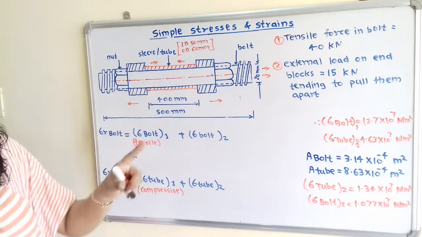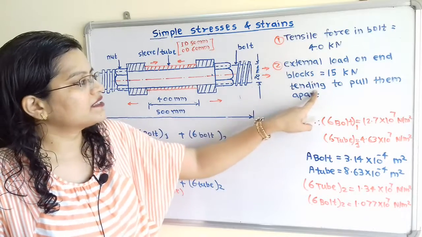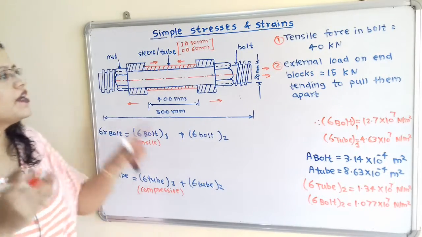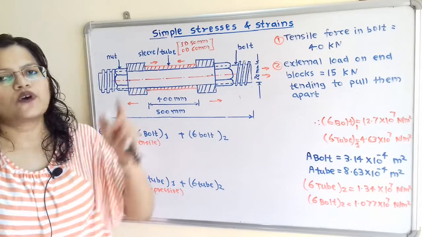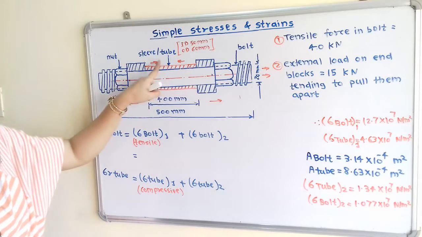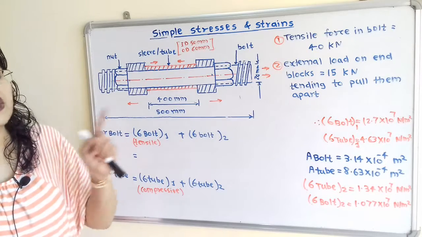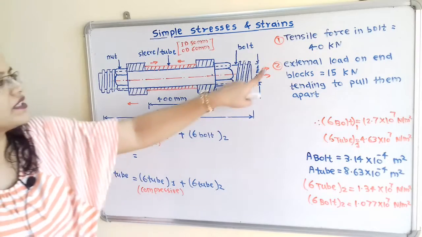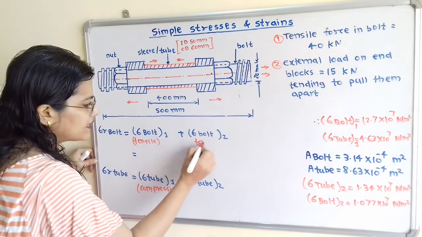So we will move to the second type. So second type is the tensile force equal to 15 kilonewton, and it is applied because bolt and tube are fastened together. So when they are fastened together, then on the bolt as well as on the tube, tensile force is acting. So stress developed in this bolt as well as tube due to this second type of load is tensile. So I will write here as tensile.